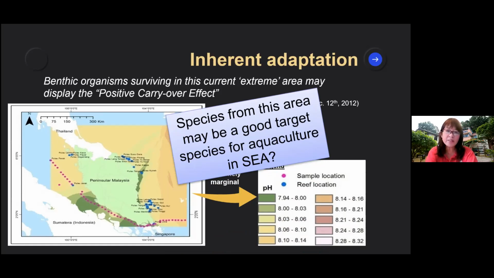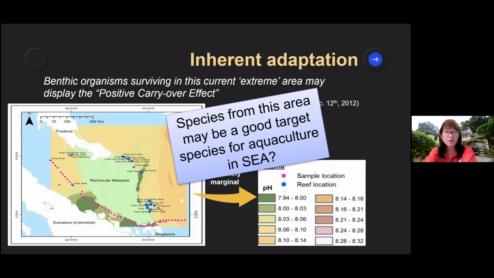Can the scientists now come in together to actually have species selection or selective breeding on the species that is tougher for aquaculture, and make our aquaculture in Southeast Asia sustainable, which has been mentioned by the earlier speaker.